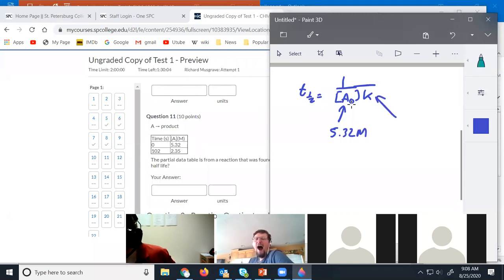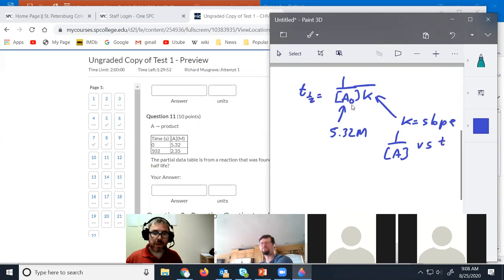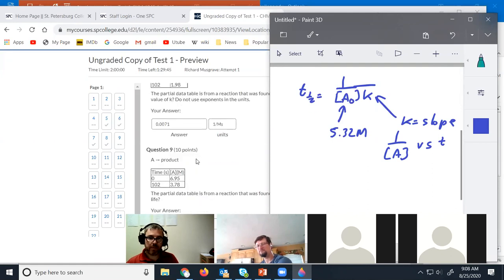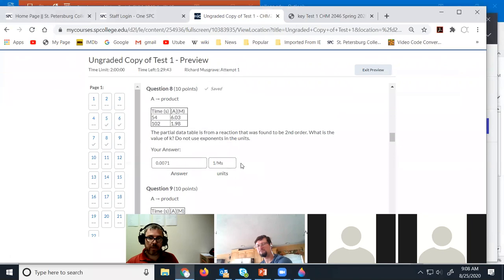And K equals the slope, but it's the slope of 1 over A versus time. And that will be how you'll do that one, just like we did back in question 8.